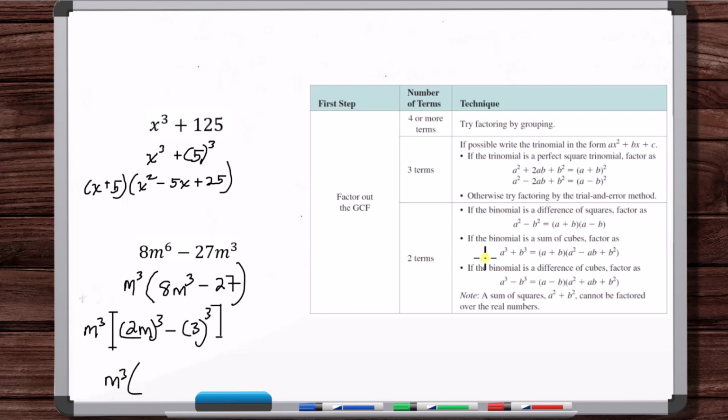This is the difference of 2 cubes, where a is 2m and b is 3. So you have 2m minus 3, and then you have 4m squared, that's a squared, plus ab, so 2m times 3 is 6m, plus b squared is 9, and that's factored.